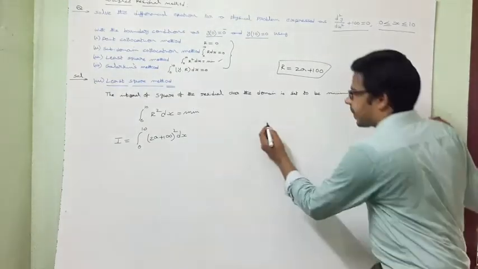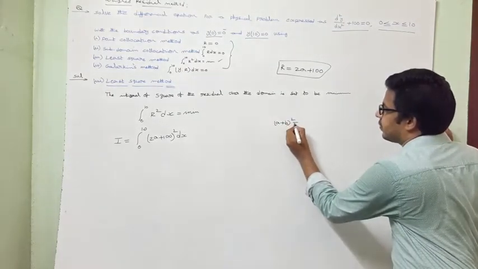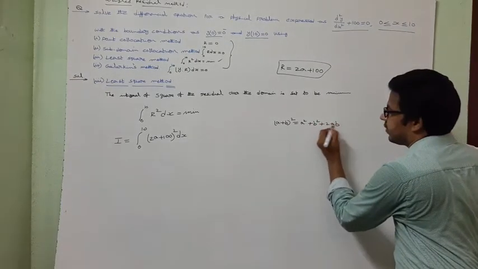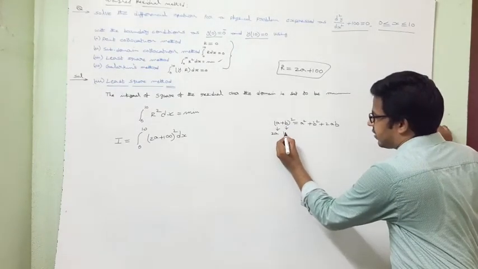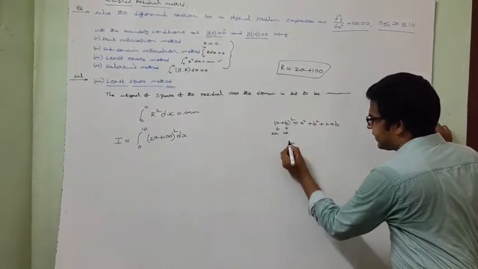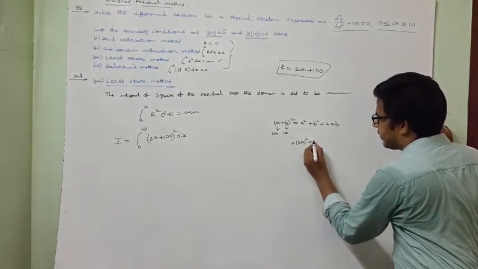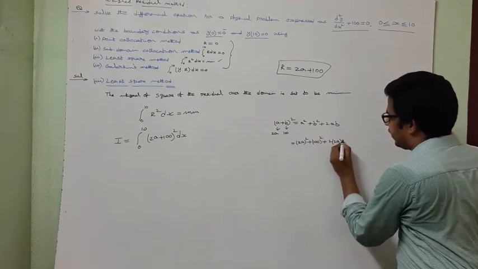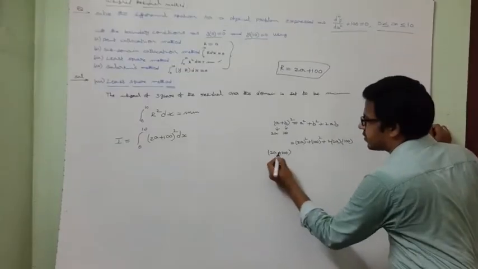Here we can consider (a plus b) whole square is equal to a square plus b square plus 2ab. What is the a value? 2a. What is the b value? 100. So it is (2a) whole square plus 100 whole square plus 2 into 2a into 100. What is the value of (2a plus 100) whole square?